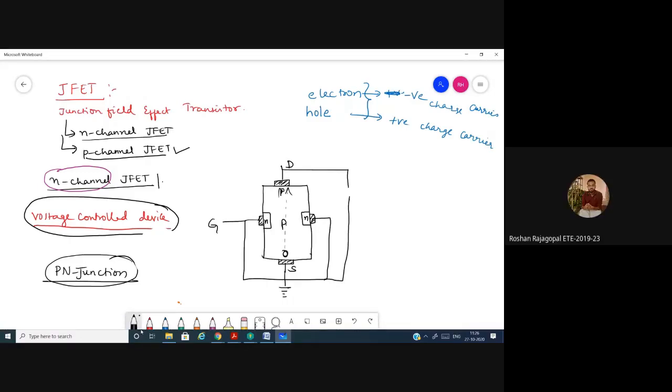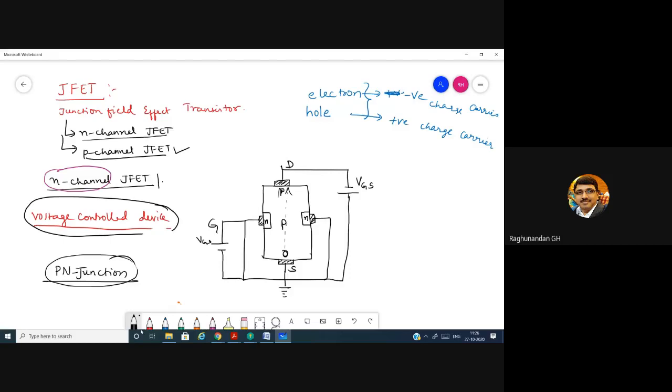Negative. Good. So this is negative VDS. What about the gate? What kind of voltage should I apply to grow the depletion layer here? Sir, positive. So VGS is positive.